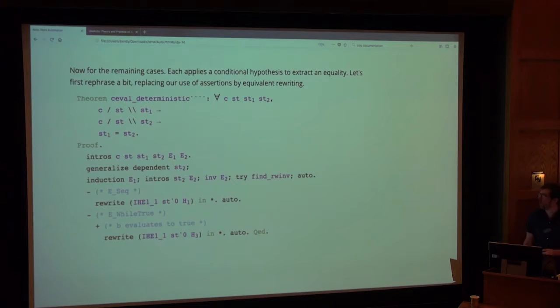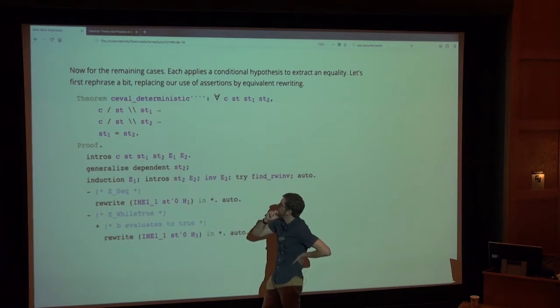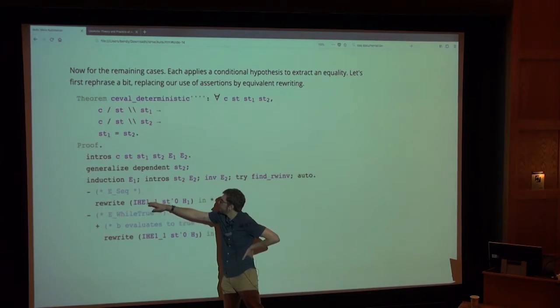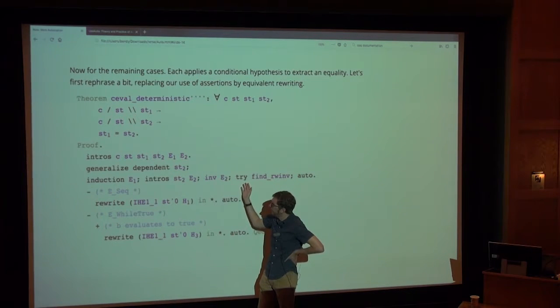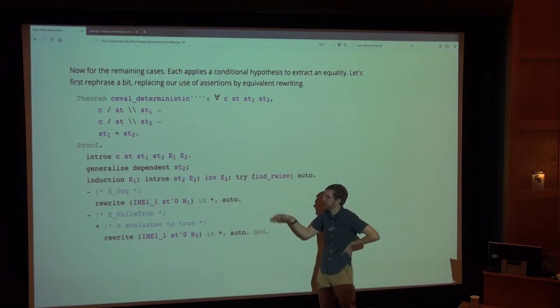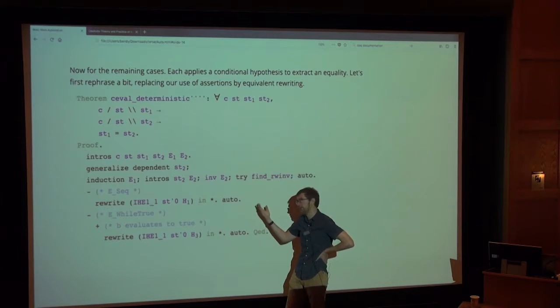Okay, right. So moving on to dealing with the rest of these cases. Here are the remaining cases. Before, we were asserting something, applying one of the induction hypotheses to it, and doing some rewriting to solve the goal we asserted, and then rewriting with that.